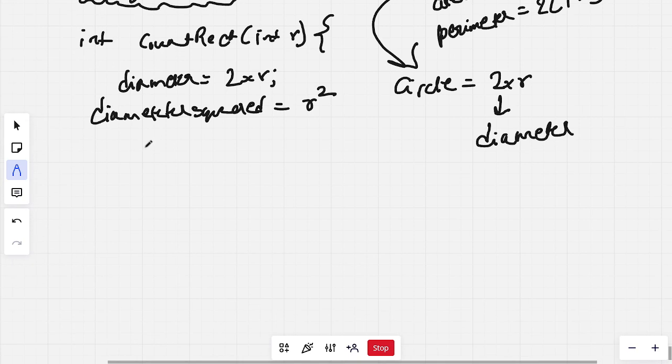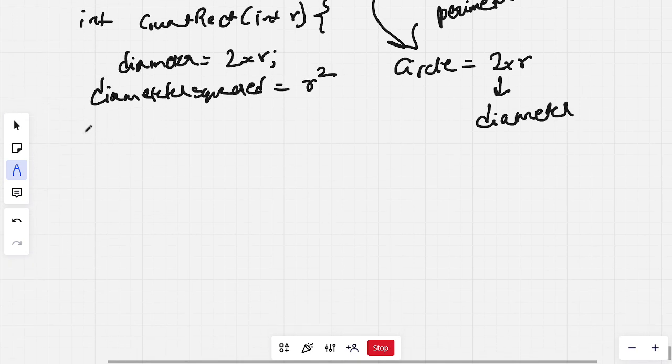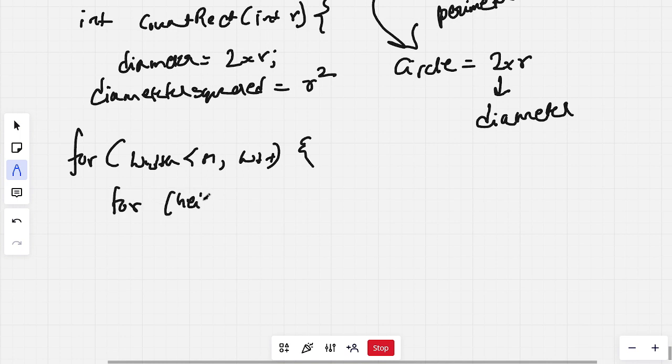Then I have to traverse through the circle. So for traversing through the circle, I have to define a loop for width less than equals to r, width plus plus. Similarly for height, we have to again check less than equals to r and height plus plus.